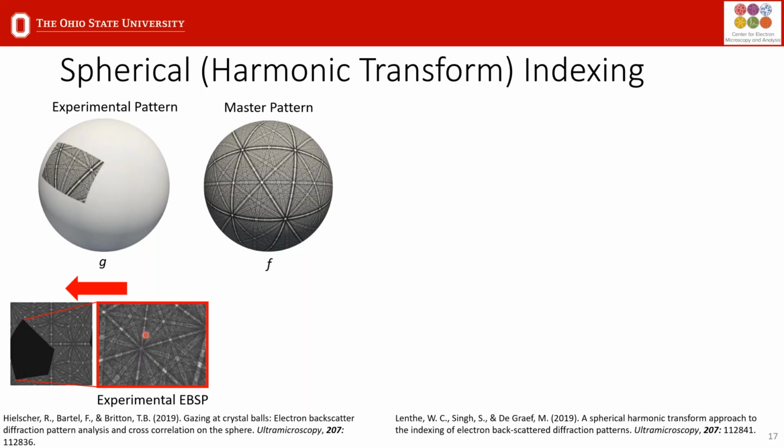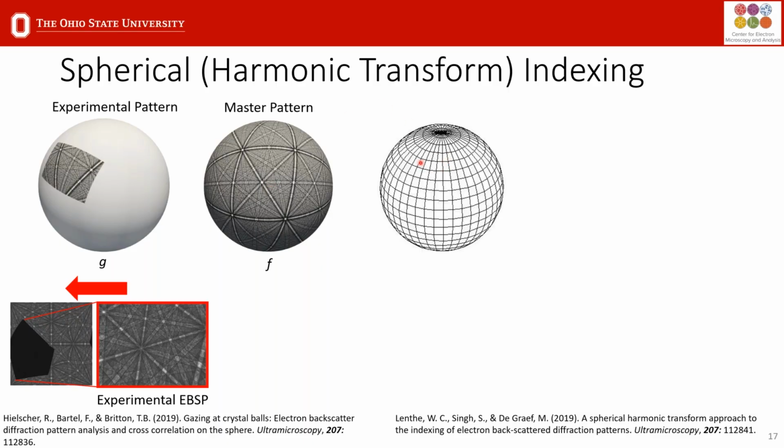In spherical indexing, we actually do the reverse. So we take the experimental pattern and then using the inverse projection equations, we project it onto a sphere. And now we have our experimental pattern on a sphere and we have our master pattern, and we can represent these intensities on a sphere by a spherical harmonic function.